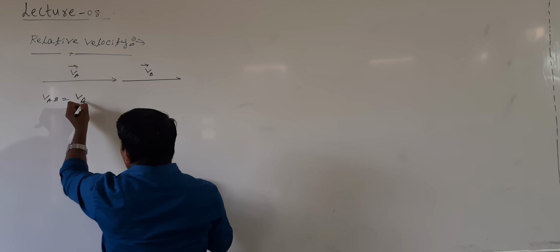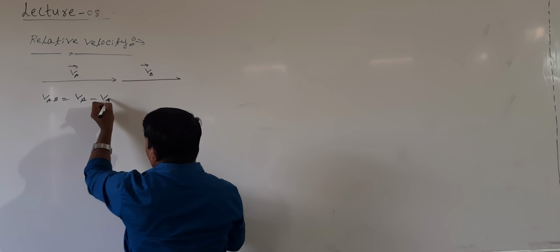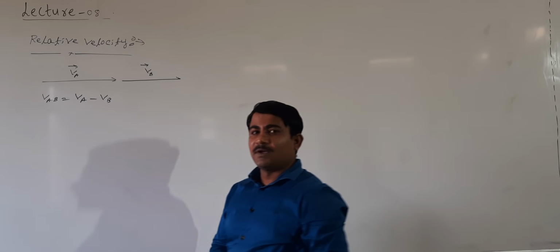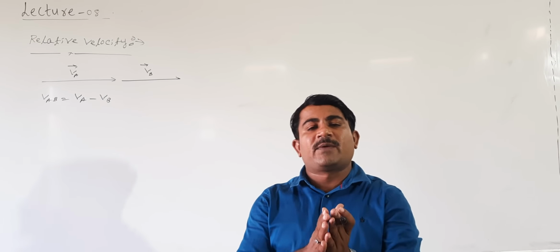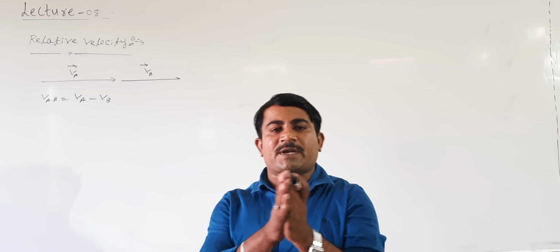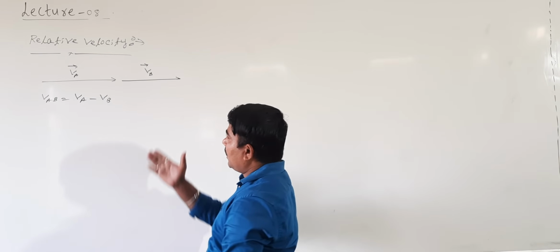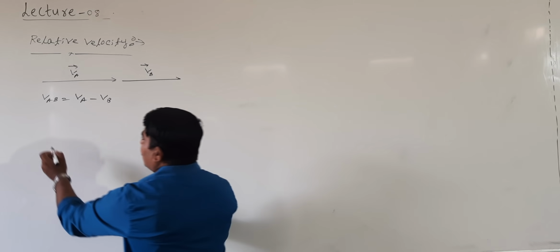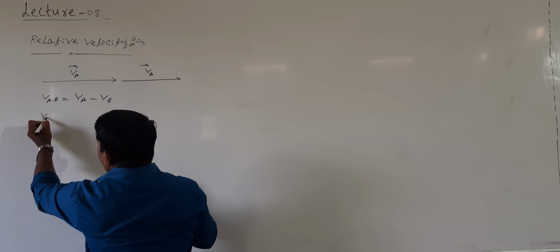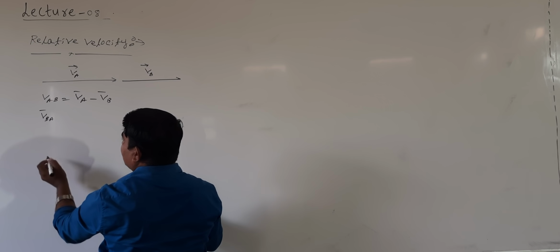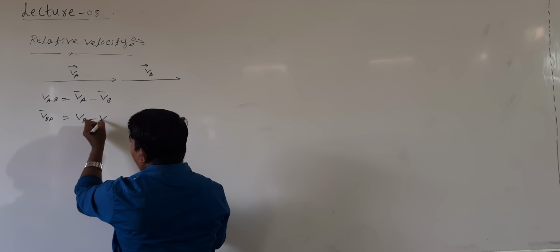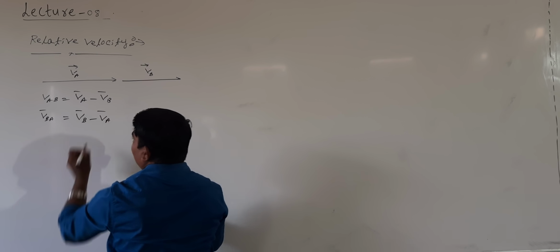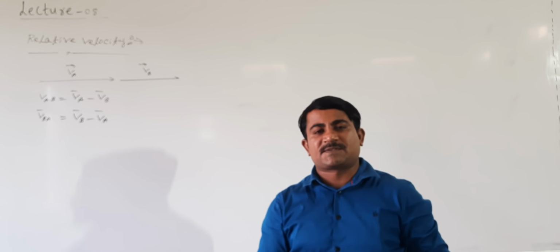Relative velocity of one body with respect to another: the body B observes the velocity of body A. This we call the relative velocity of body A with respect to body B. In the reverse case, the relative velocity of body B with respect to body A can be written VB minus VA. This is one case.